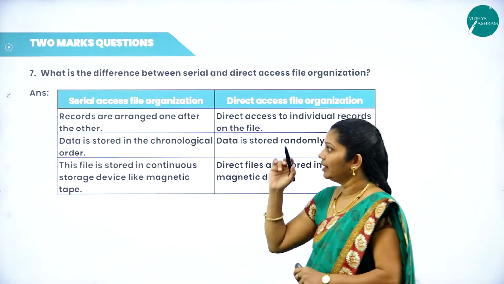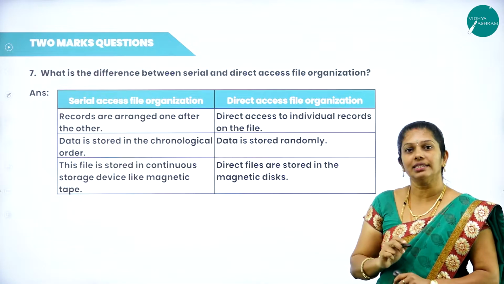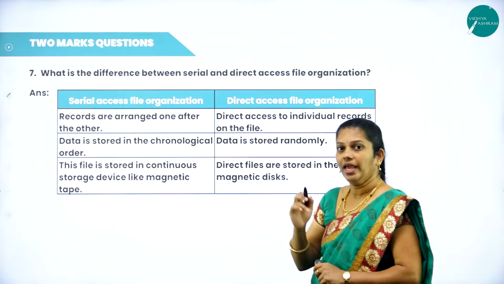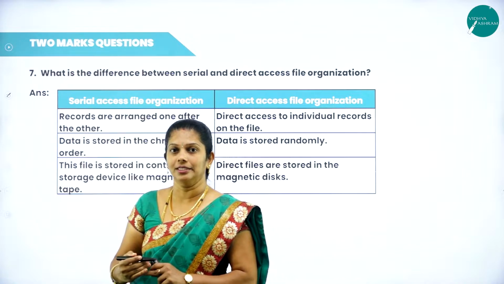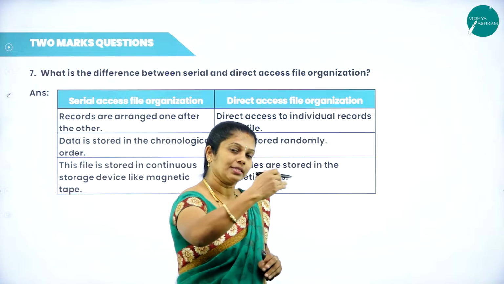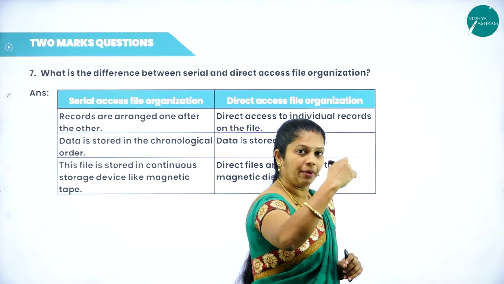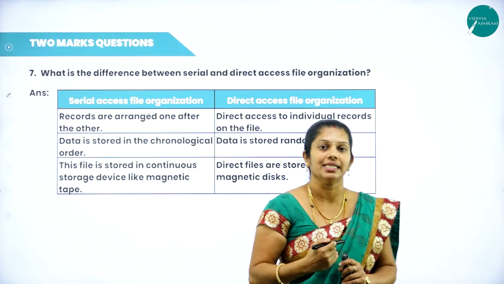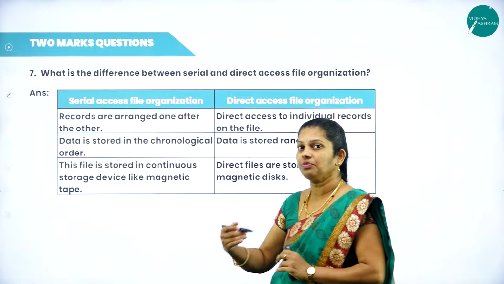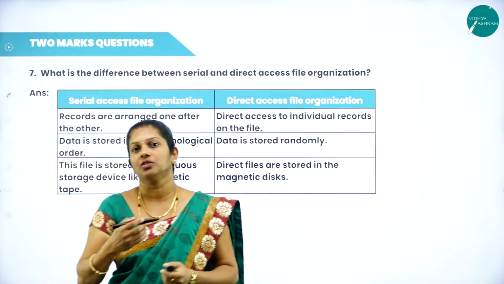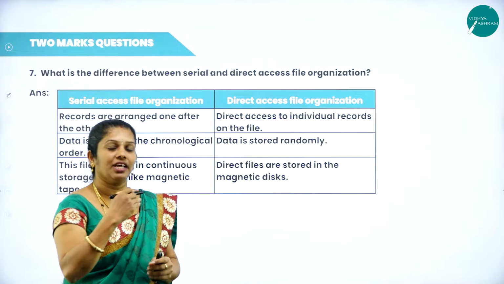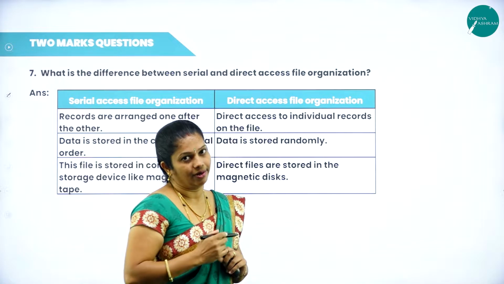In serial, all the records are arranged one after another. If I want to access the last record, I have to access from the beginning. The storage media is magnetic tape, the cost is very low and maintenance is very easy. It arranges all the records in chronological order.